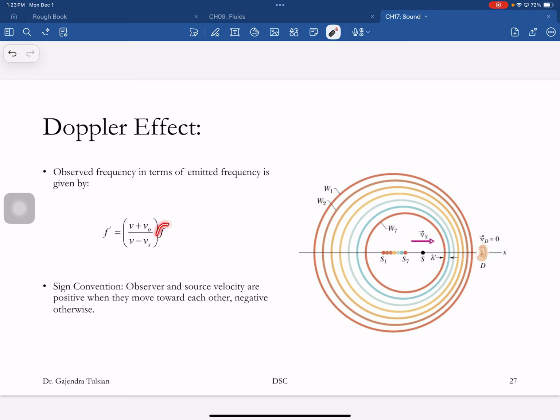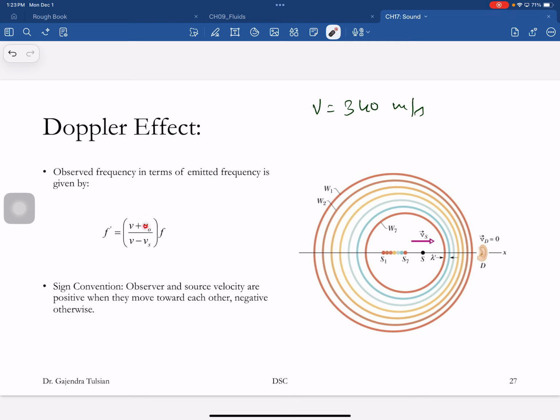This is the emitted frequency. This is the perceived frequency. V is the speed of sound, which we'll take as roughly 340 meters per second. V0 is the speed of the observer. Vs is the speed of the source.